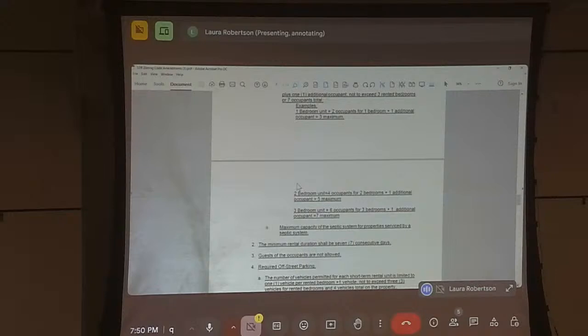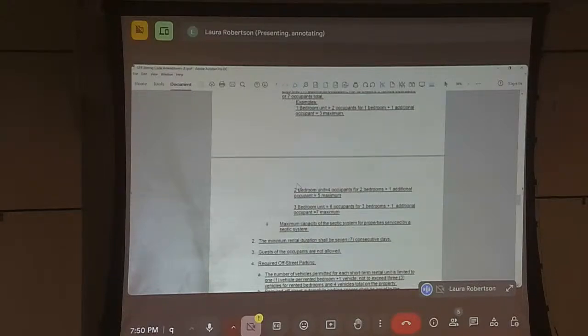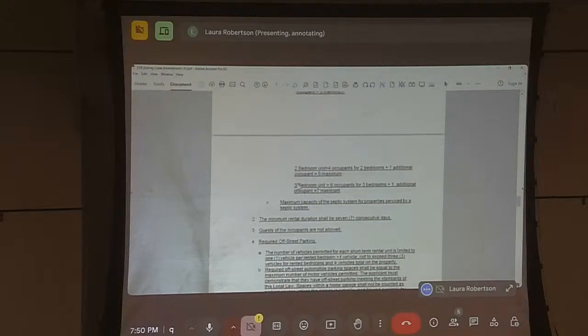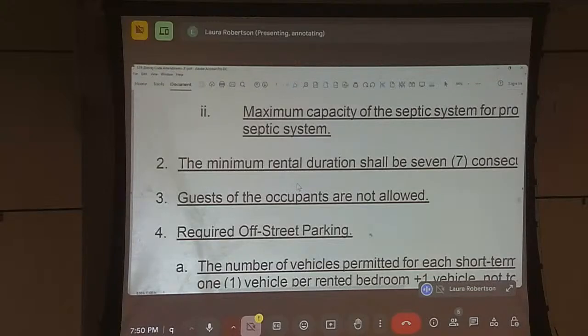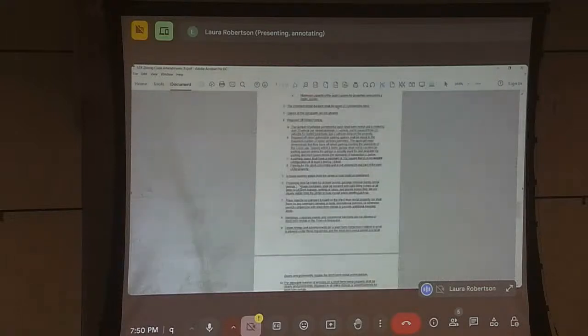And there was also a restriction on outside guests, that you couldn't invite outside guests. The rationale behind that was that early on, there were some concerns that residents had that people would rent the house out for parties, and that would be impactful to the town.